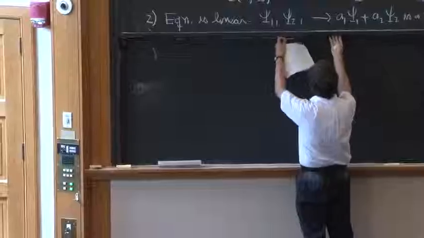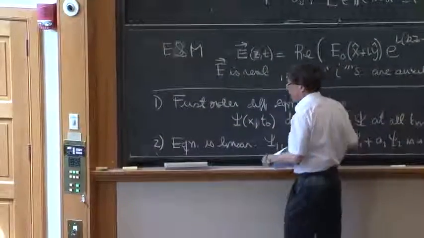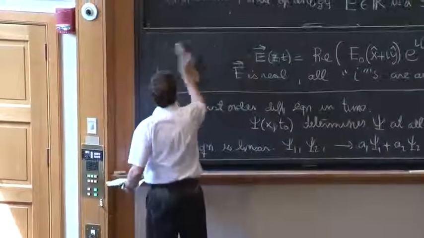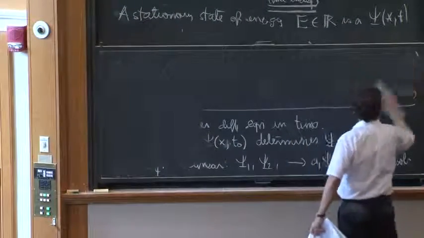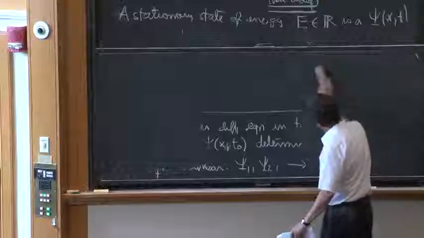It's a simple form. It's a pure exponential in time times a function that just depends on x. So it's a pretty simple object.